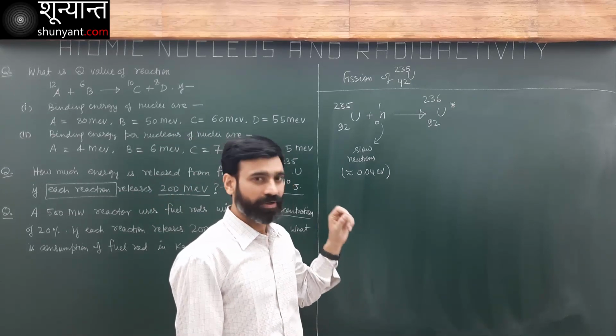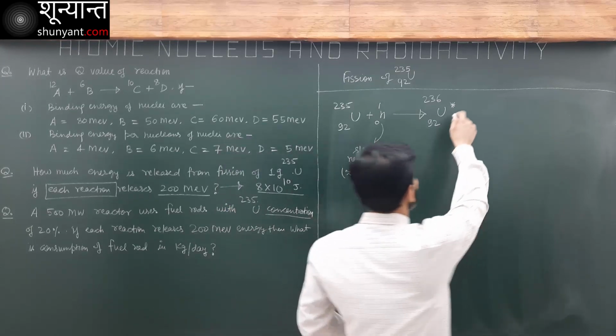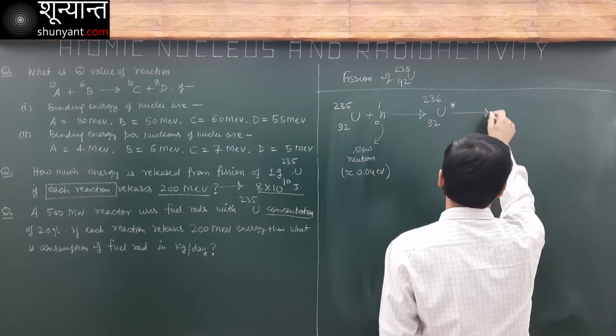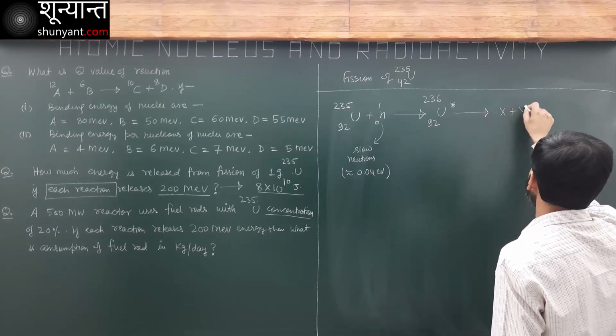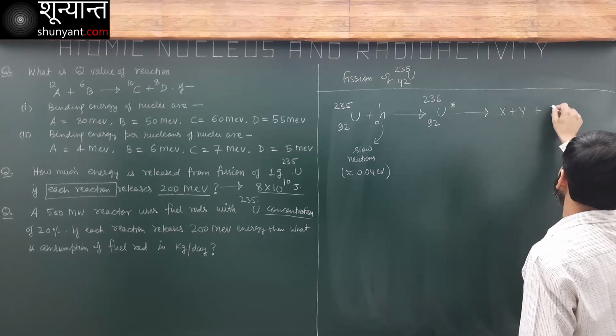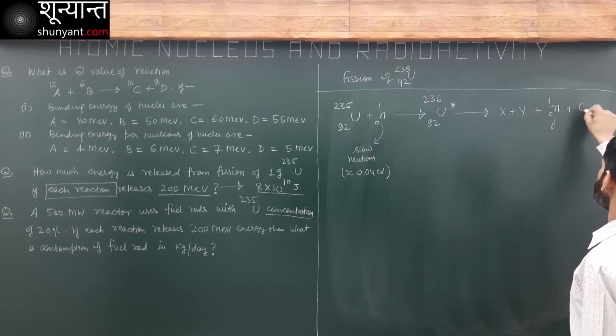It is going to break. It is going to disintegrate into several different nuclei. So let's write it as X plus Y plus neutrons, plus a huge amount of energy.